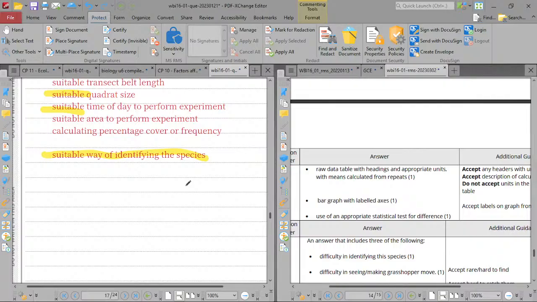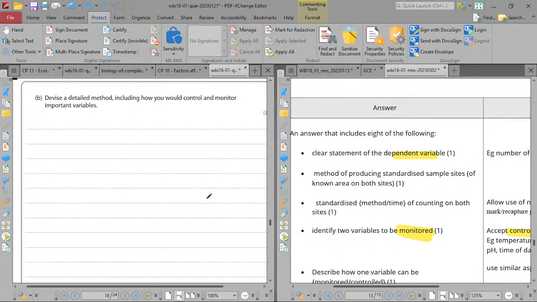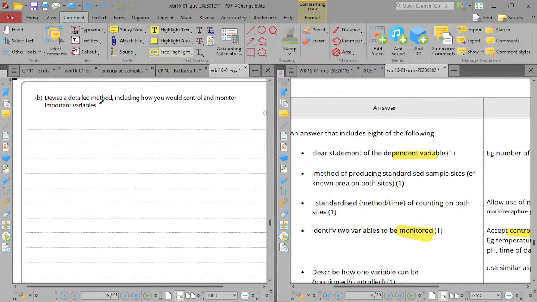Okay, lock in. So first of all, dependent variable is the number of grasshoppers per unit area. Then we talk about controlling.